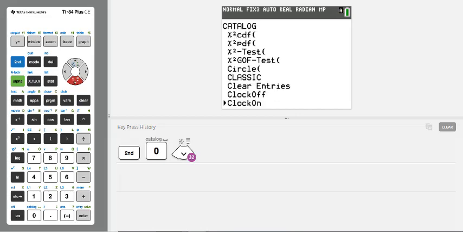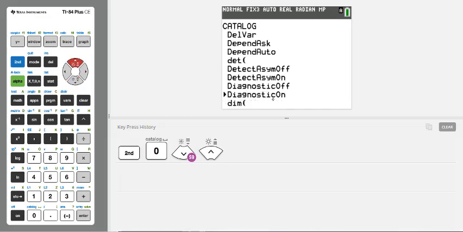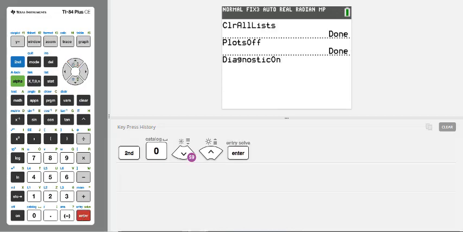You've got to go to the D's, and what you want to turn on is diagnostic. Highlight diagnostic on, hit enter, and then hit enter again. Boom. That will give you your R and R squared. R is the correlation coefficient, so that's what we need in order to answer part of this problem.